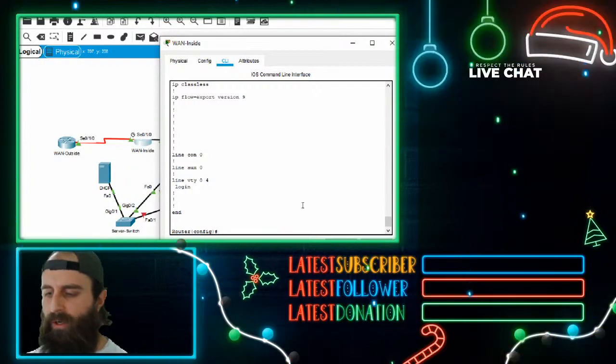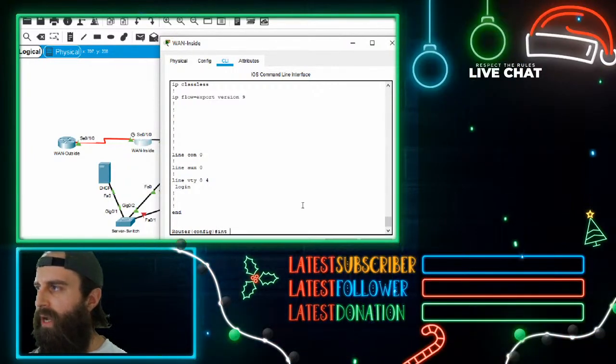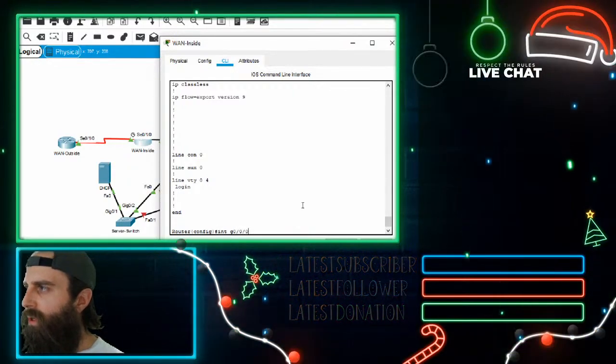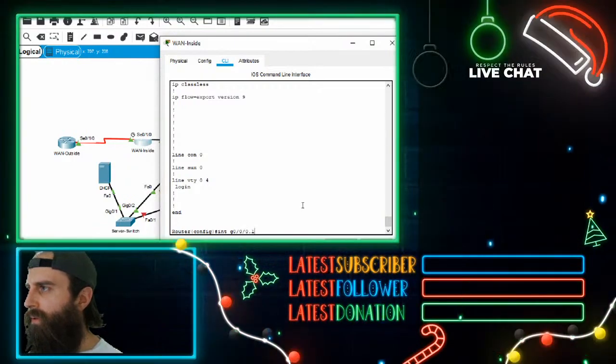The magic. Okay. So let's move back into that other interface, gigabit 0-0-0, and we're going to say point.